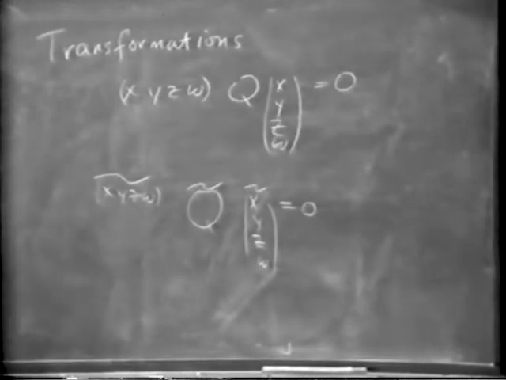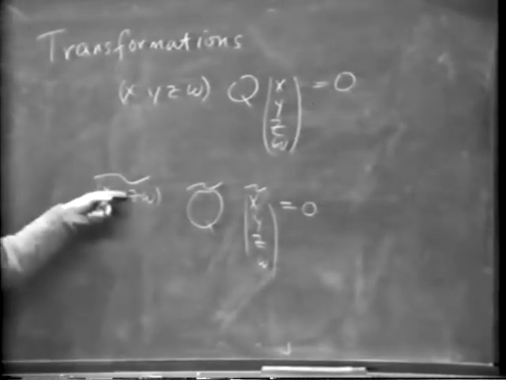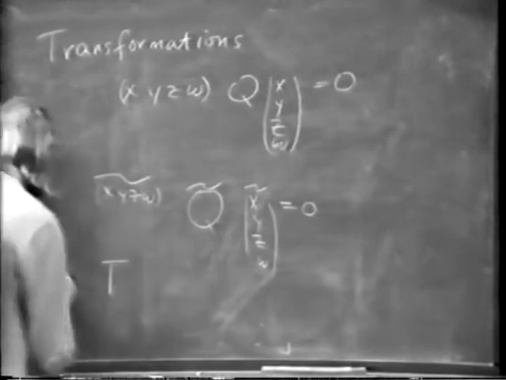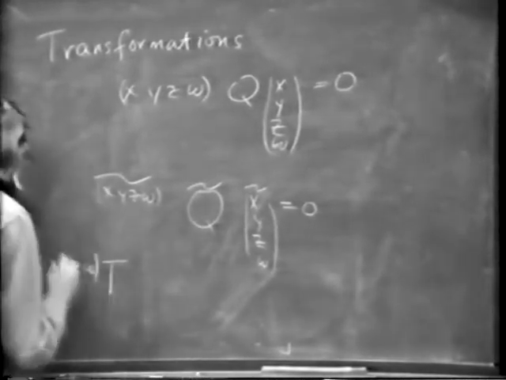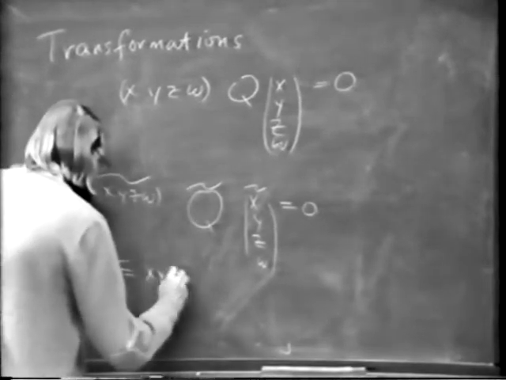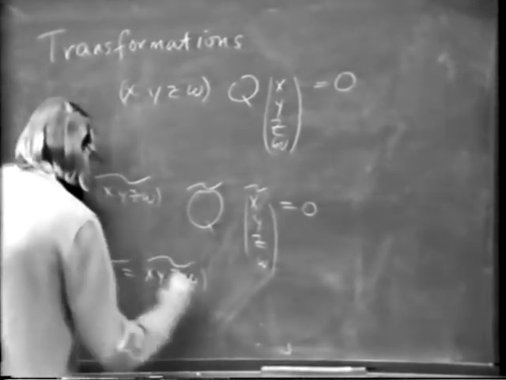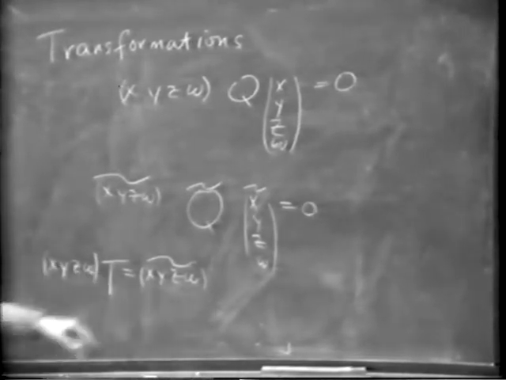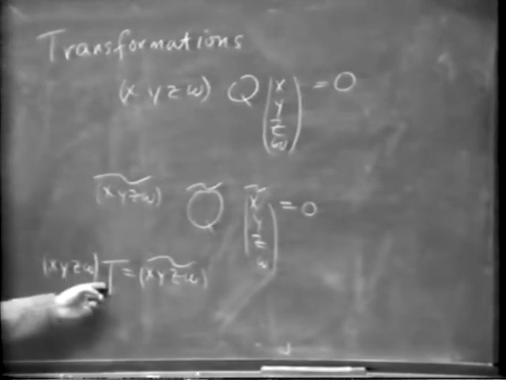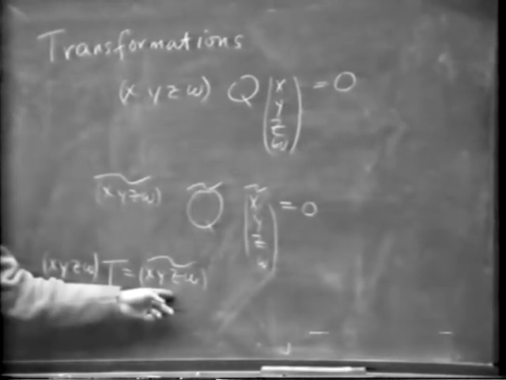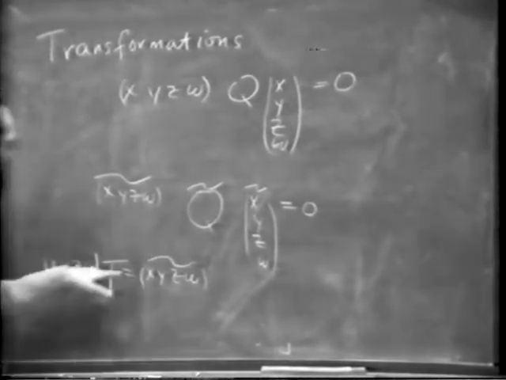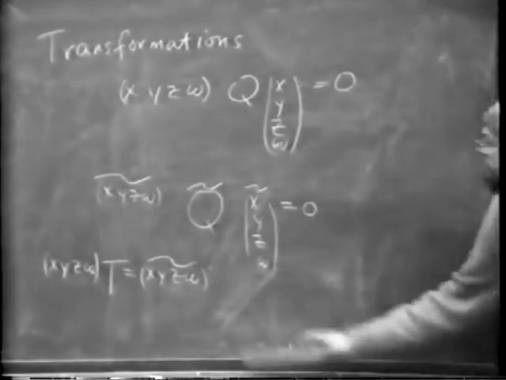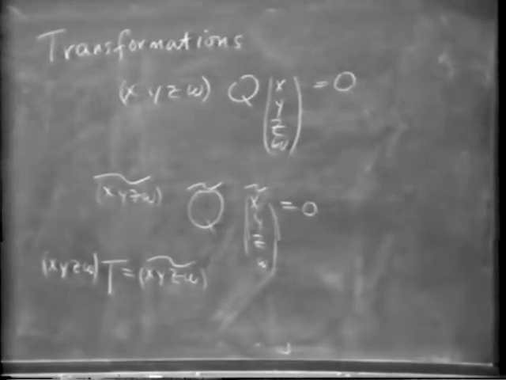Now, somebody's handed us the matrix which transforms this point into this point. So we've got that, and we'll call that T. This is the definition of what x, y, z, w tilde is. It's what each point multiplied by this transformation matrix gives us. And what we'd like to do is to find out what Q tilde is in terms of T and the original Q.